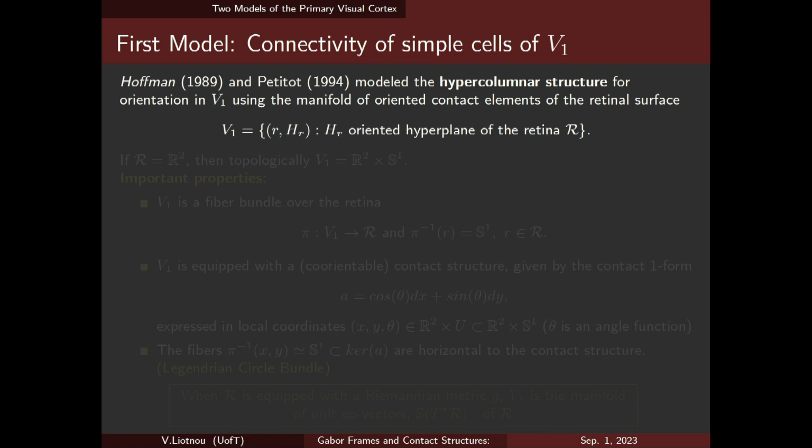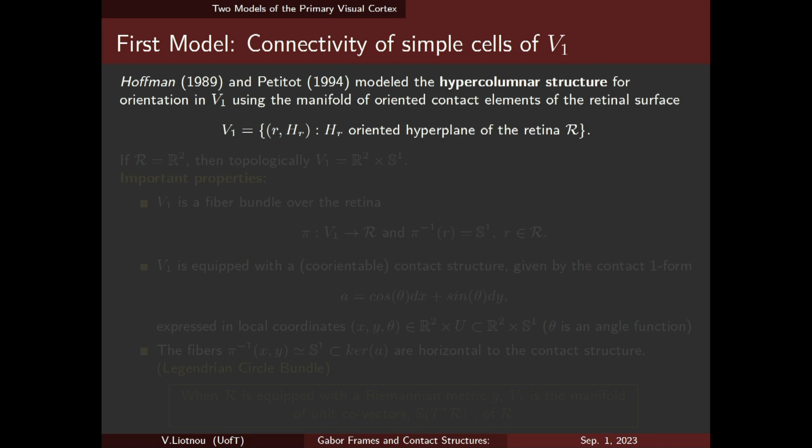The first model is the one of the connectivity of simple cells of the visual cortex. Back in the 80s and later during the 90s, from Hoffman and Petitot respectively, the hypercolumnar structure of the visual cortex in terms of orientation was modeled using the manifold of oriented contact elements.